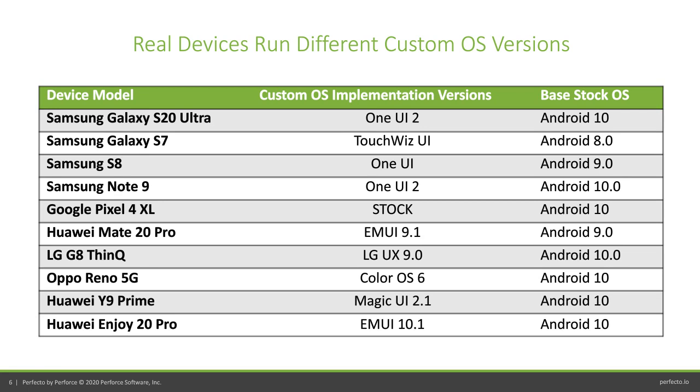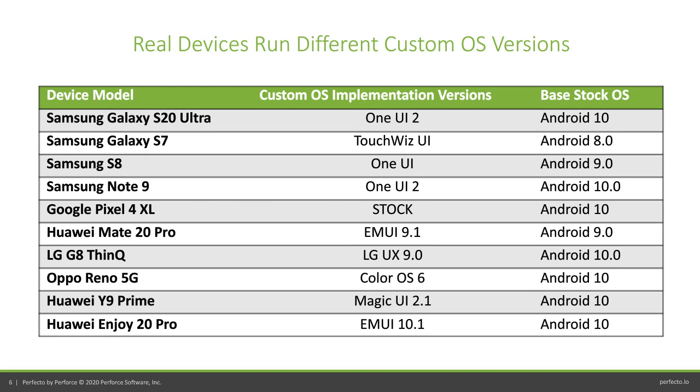So understanding the differences between base stock OS that is running on real devices, virtual devices, and the custom OS is key to understanding the fragmentation that is out there and the need for this kind of a strategy that combines both real, virtual, and so forth.